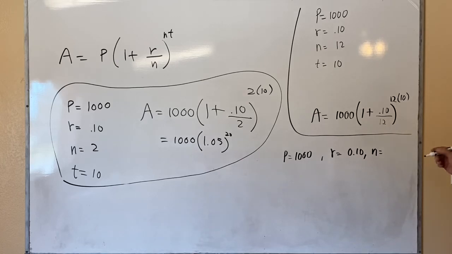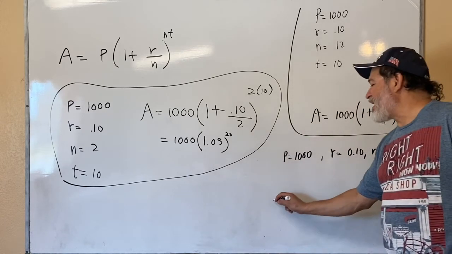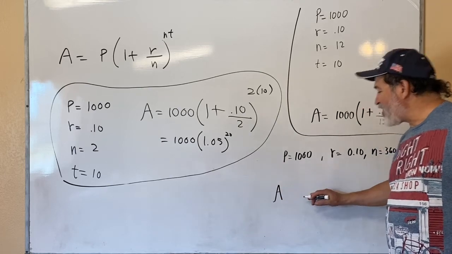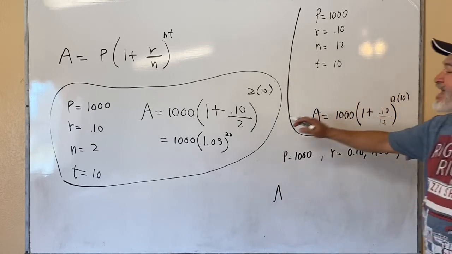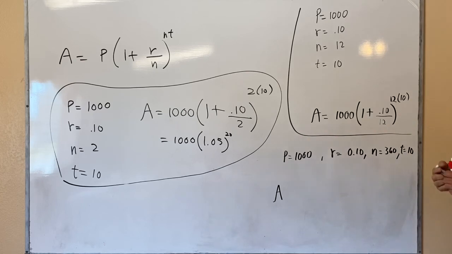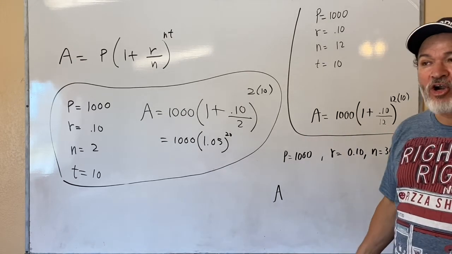That's a nice number. 360. That's like daily, almost daily, right? But that's a nice number. And T equals how many years? 10. Guys, when you find the amount, this amount is going to be better than this one, which is better than that one. Why? Because the greater the compounds, the better.